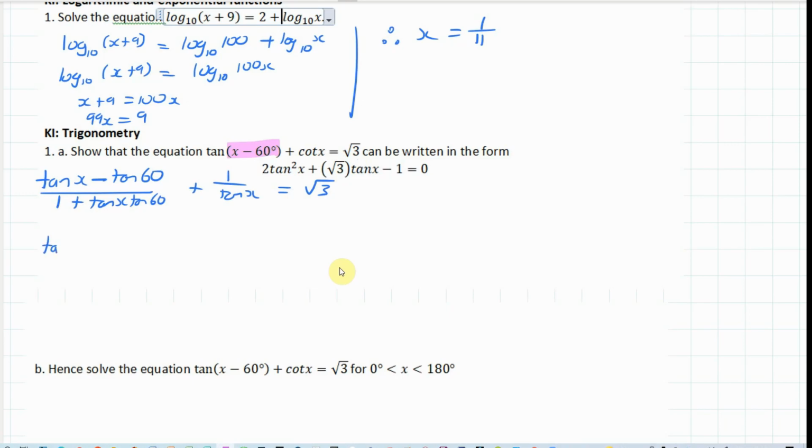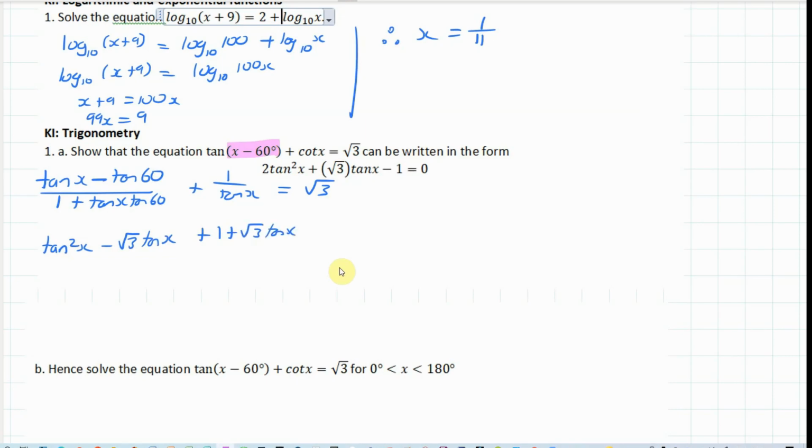Now I'm trying to write it in this form here, so I'm going to cross multiply to get one fraction. So I get tan squared x minus, now what's tan 60? Square root 3, isn't it? Tan 60 is square root 3. So then I can rewrite this as minus square root 3 tan x plus 1 plus square root 3 tan x.